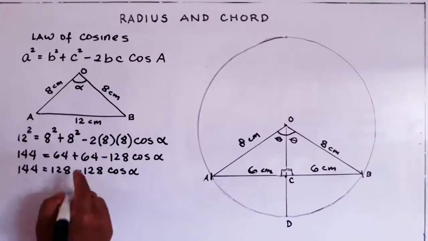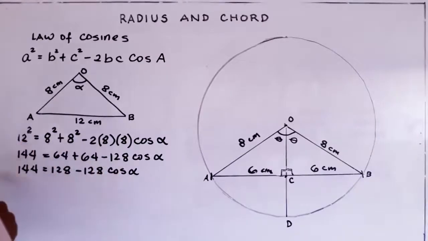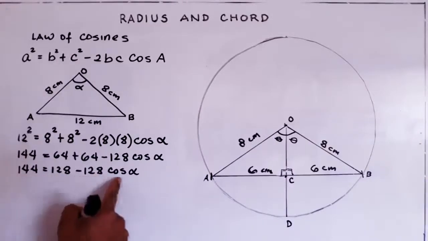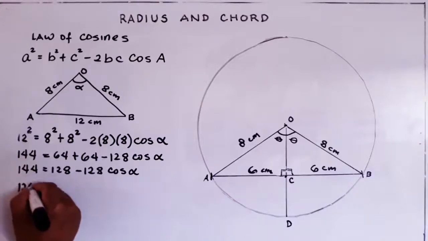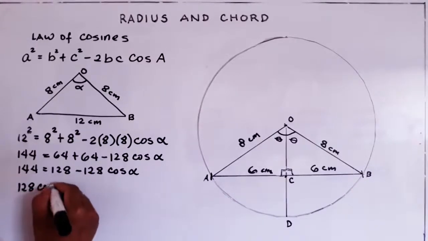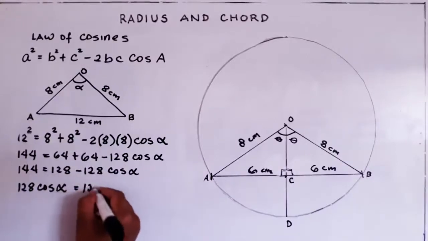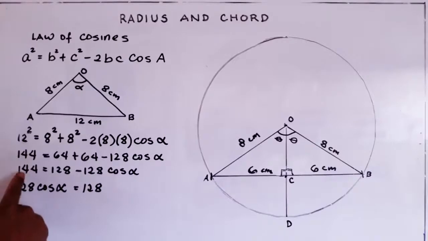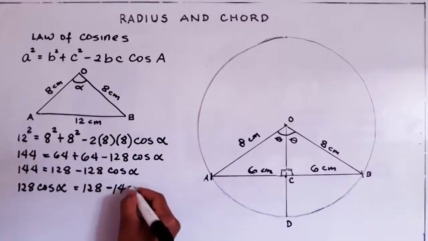Okay, we transpose negative 128 cosine alpha to the other side and transpose 144 to the other side. So this one, the whole thing here will be positive now. 128 cosine alpha is equal to, this is 128, and this one will become negative on the other side, 144.